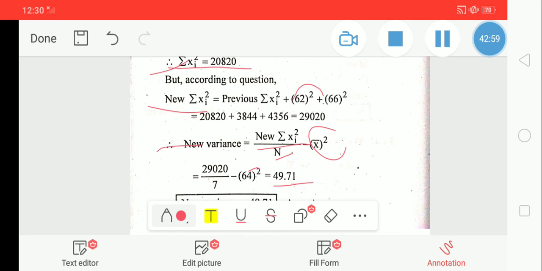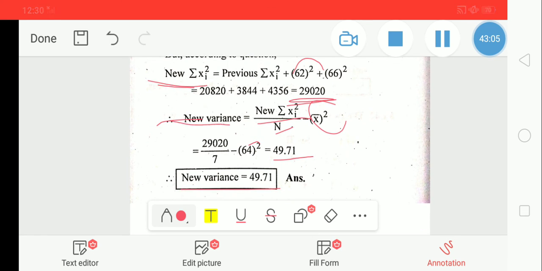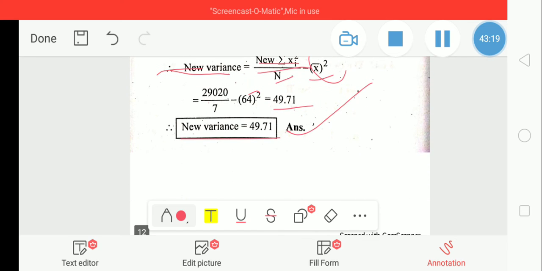So we got the new summation of xi square. We know that variance is equal to summation of xi square divided by n minus mean square, so that gives 49.71. So this is the new variance.